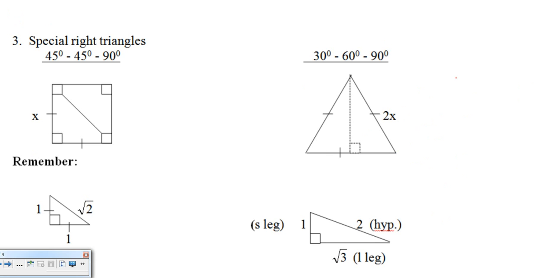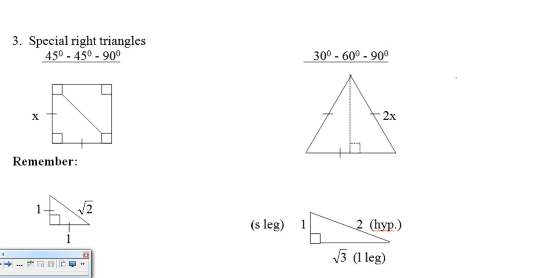On this slide, you're going to see stuff that we've already done. This is all special right triangle stuff. And so you may not have to write it down if you know it already. It's simply how do you get to 45, 45, 90, how do you get to 30, 60, 90, and then what to remember. You're going to remember on the 45, 45, 90, you have ratios of 1, 1, square root of 2.